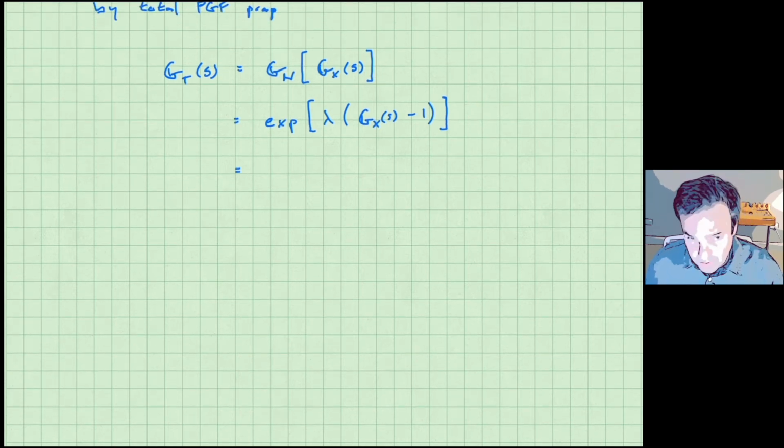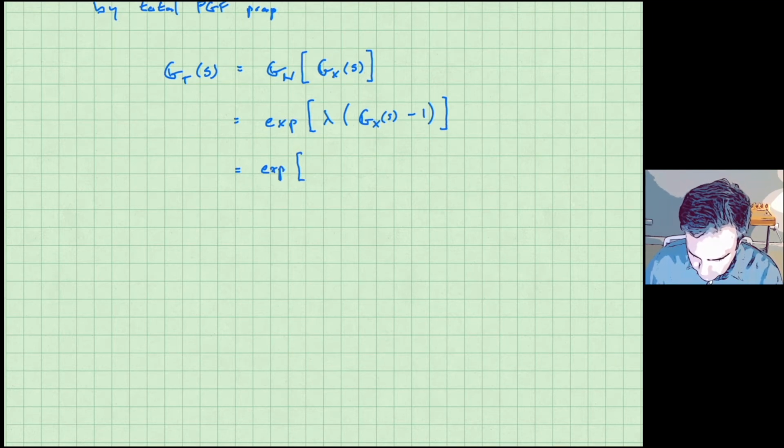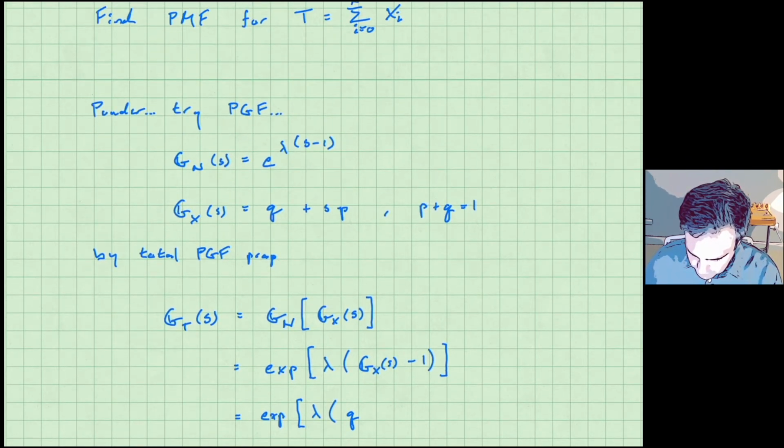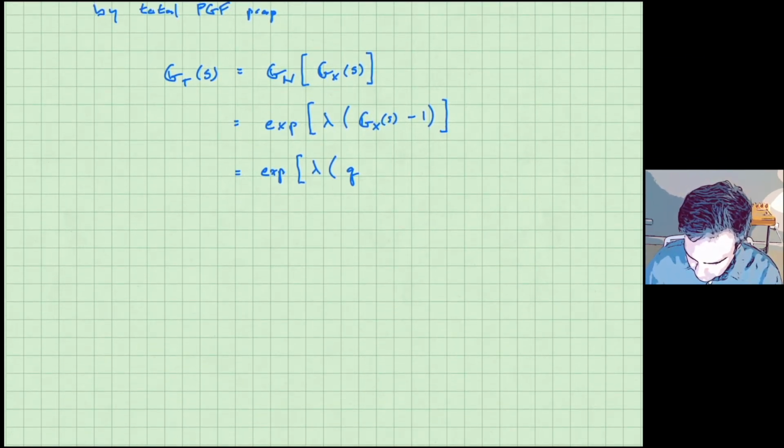So put in the PGF for x. So we've got lambda times, and so this was q, let's take a look. Q plus s times p minus 1. And we're almost there, except I want to use q is equal to 1 minus p and eliminate the q.